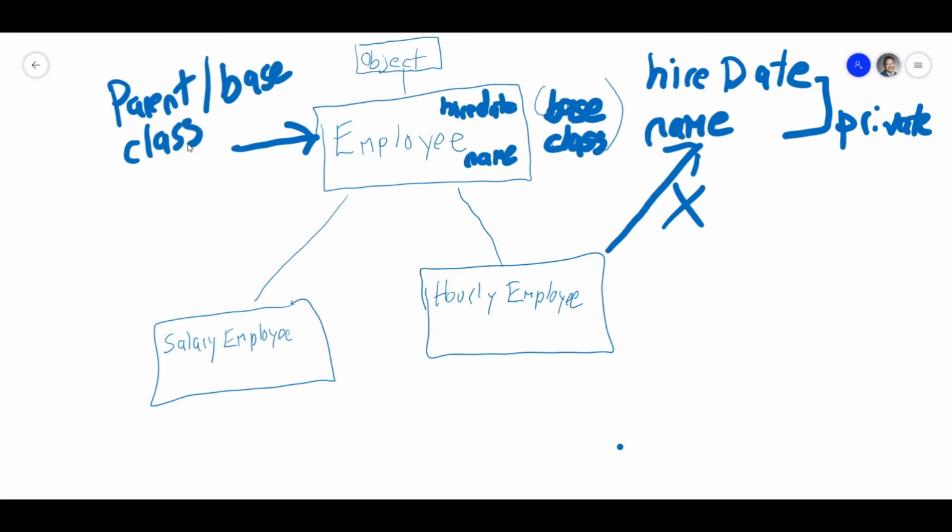And the inheritance here goes up the line where employee now inherits from object, and we talked about object, right? That's the God object, the God class. So if hourly employee inherits from employee, that means that not only do I have access to employee methods that are public, but I also have access to the object methods that are also public.